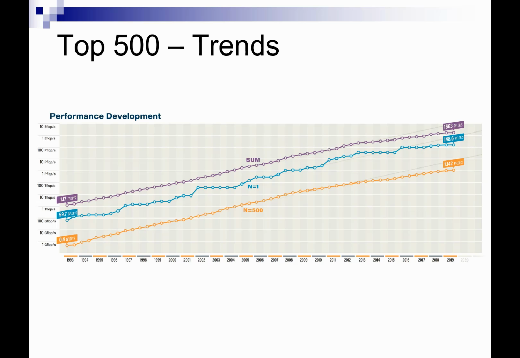Now, it's interesting to look at how these curves grow over time. For example, if you go back about 20 years, in 2000, the performance of the fastest supercomputer in the world at that time was about 10 teraflops.